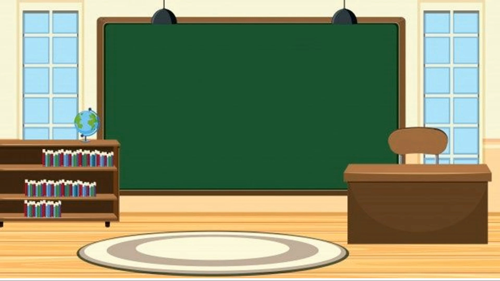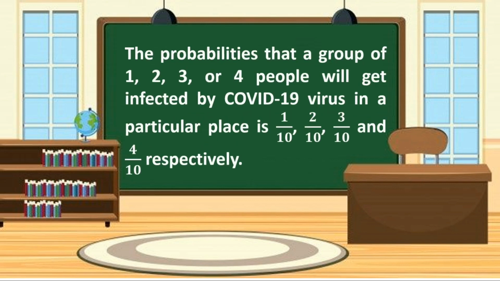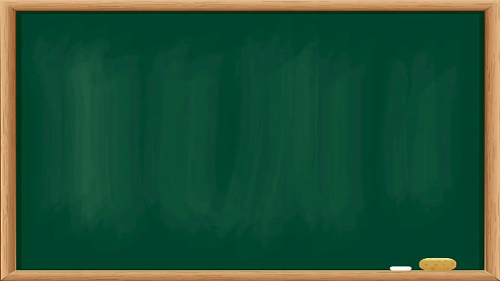Let us use the examples given from the previous lesson and solve the variance and standard deviation of the discrete probability distribution. The probabilities that a group of 1, 2, 3, or 4 people will get infected by COVID-19 virus in a particular place are 1 over 10, 2 over 10, 3 over 10, and 4 over 10 respectively.